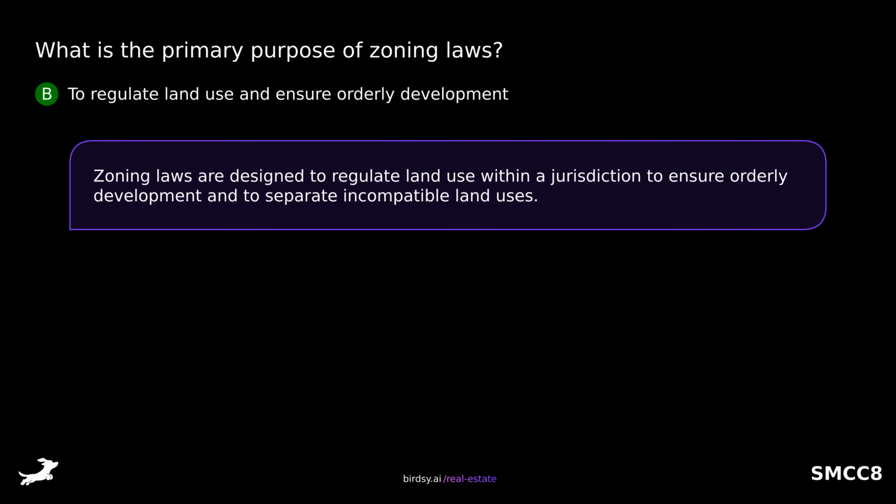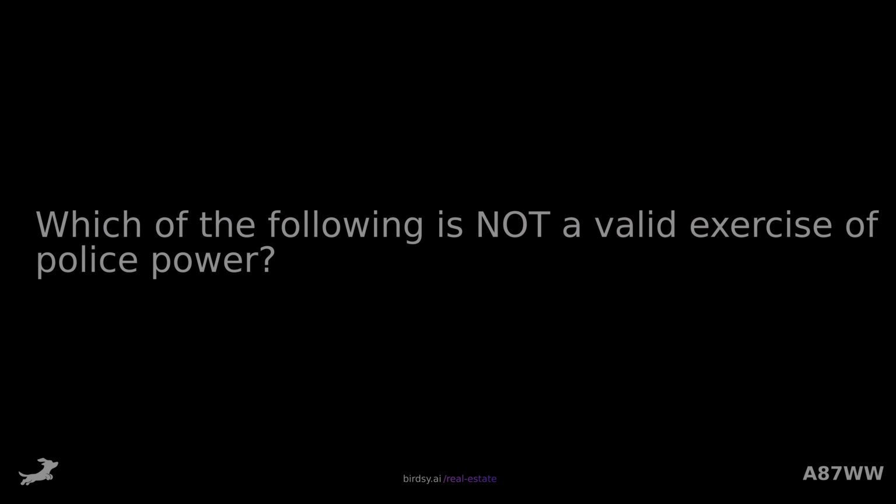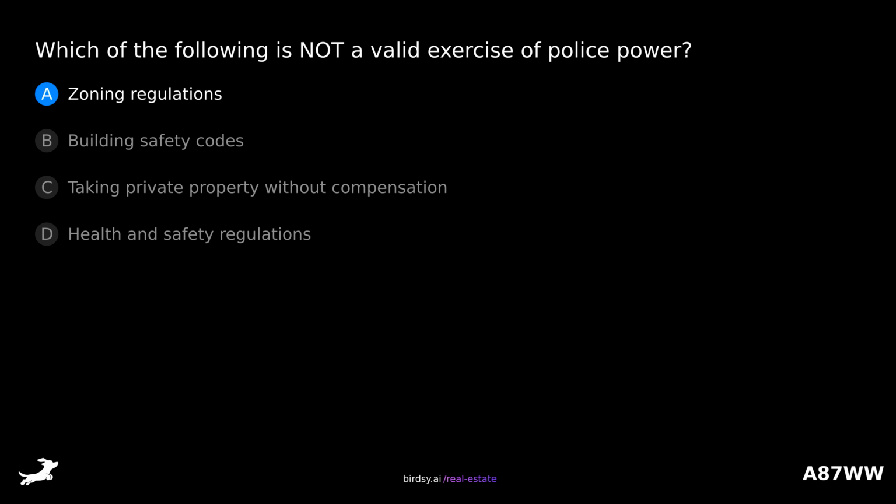Zoning laws are designed to regulate land use within a jurisdiction to ensure orderly development and to separate incompatible land uses. Which of the following is not a valid exercise of police power? Is it A, zoning regulations, B, building safety codes, C, taking private property without compensation, or D, health and safety regulations?